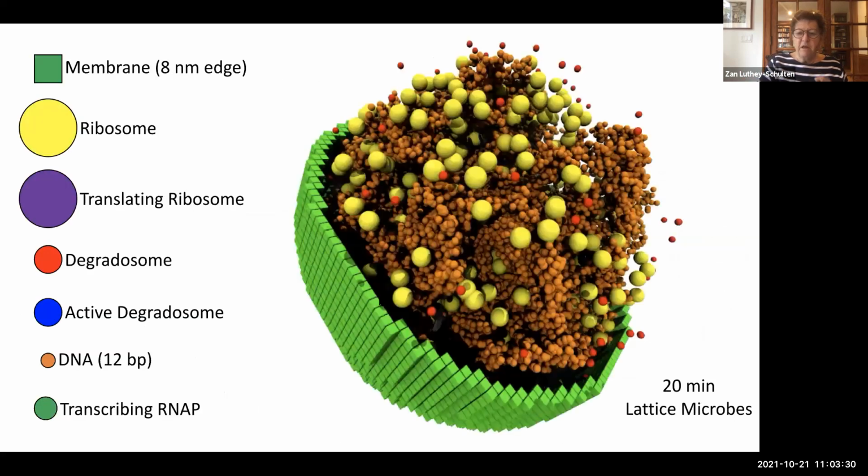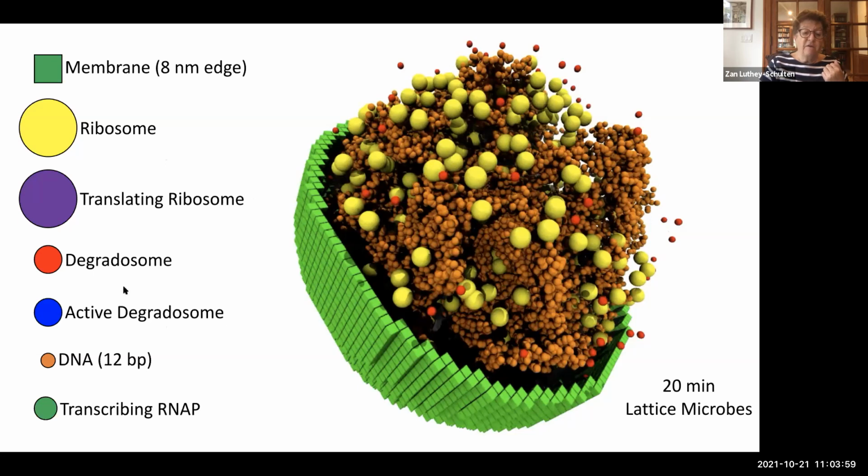And now the simulations, just to explain what you're seeing. You've seen this picture already of the cell membrane, and the size of it is established from cryo-electron tomography. The ribosomes are going to be in yellow, but they can turn color when they're translating a messenger. The degradosomes are going to be these red balls here attached to the membrane.